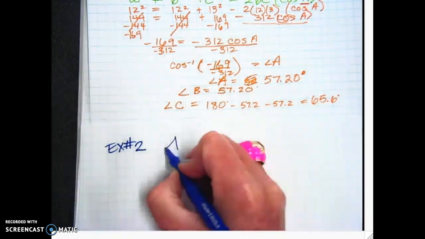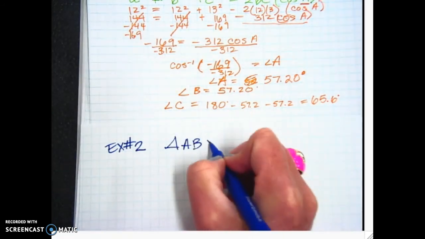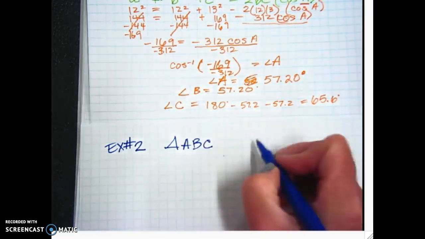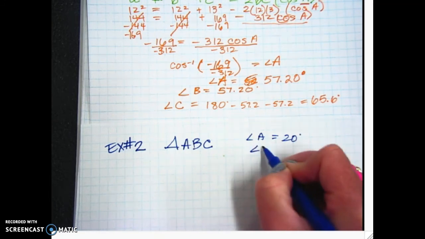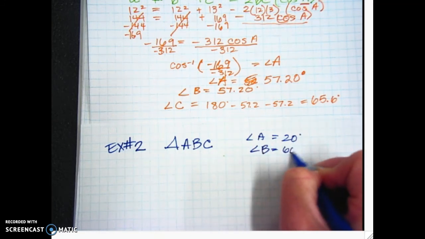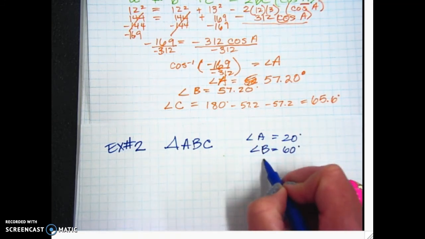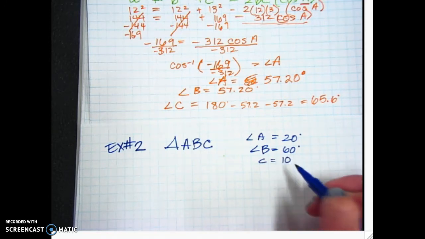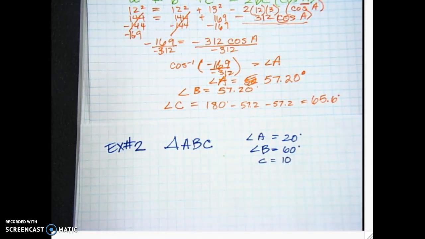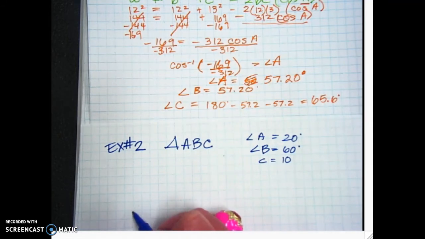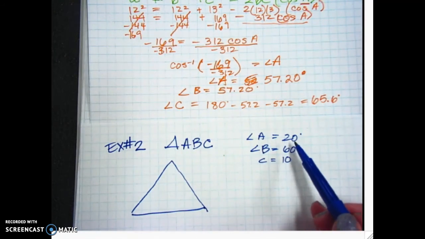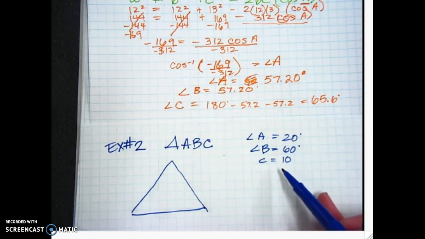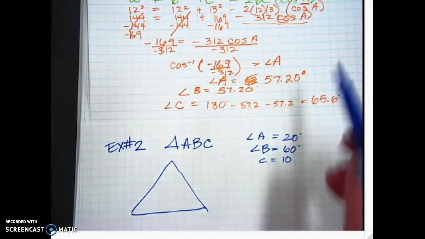All right, so we're going to have another ABC triangle. Angle A, we're going to go with 20 degrees. Angle B, 60 degrees. And side C is going to be equal to 10. So let's draw that out. Obviously 2 angles and a side, but we want to see where it's at, right?